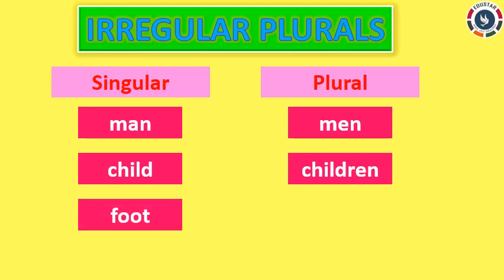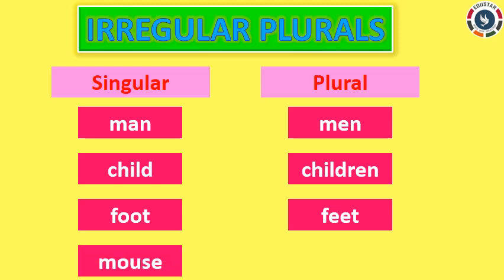Foot is feet. And mouse is mice. There are many irregular plural nouns. You can refer from your grammar book. And as these irregular nouns do not follow any rules, they must be memorized.